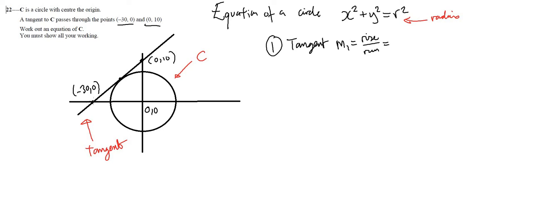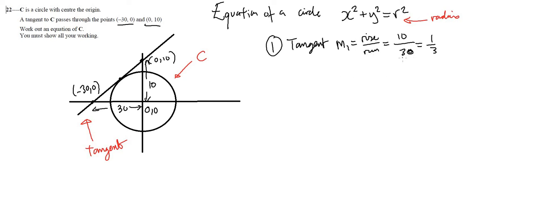So from here to here, it rises by 10. And the run is from here to here. So that is 30. That's our rise over run, which means the gradient is 1/3 when we simplify that fraction.